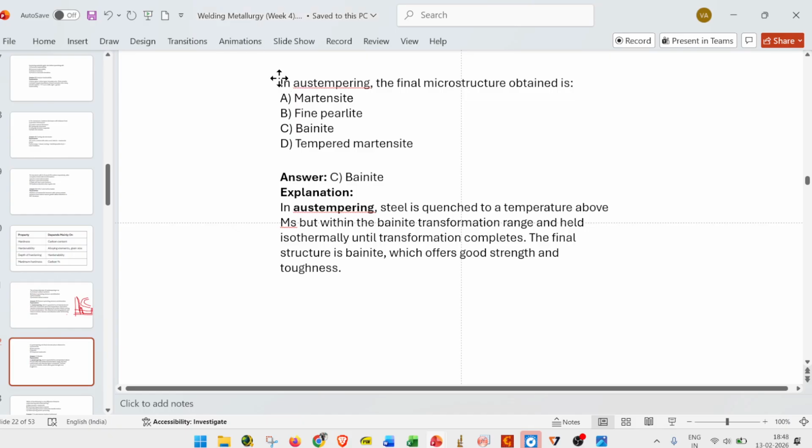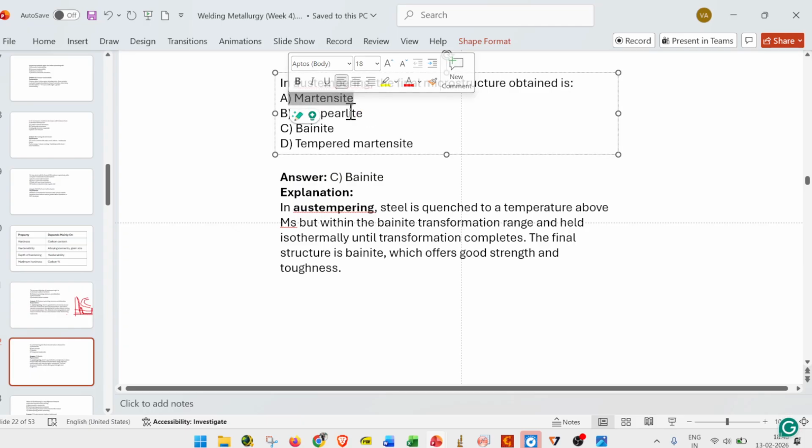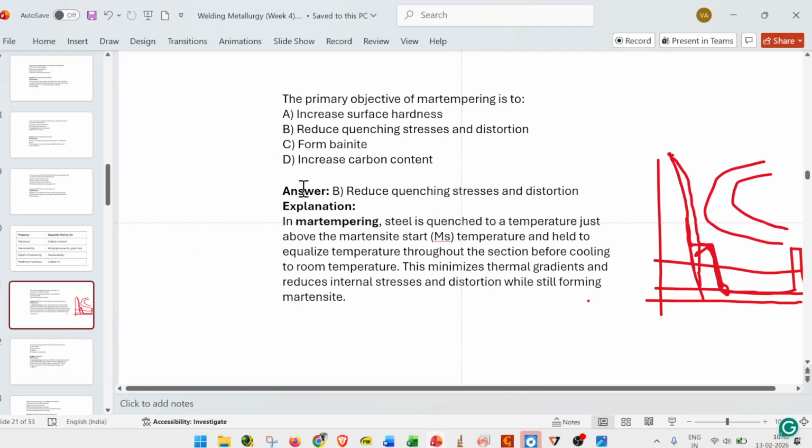Next, in mass tempering, the final microstructure obtained is martensitic phase, finer pearlite, bainite, and tempered martensite. So it will be the bainitic phase because we are doing the isothermal holding and cooling.